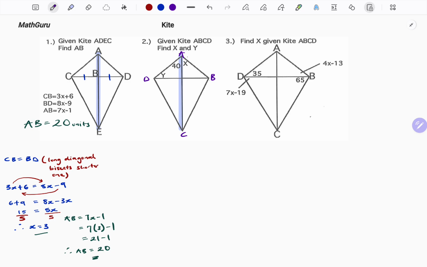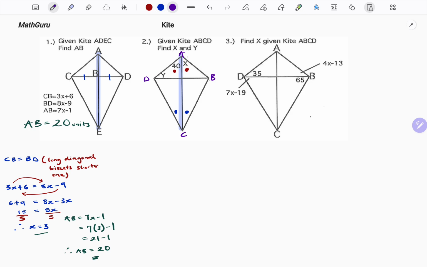What that means is the angle at A with the dot will be equal to the other angle x. Likewise, the angle at C will be equal to the other angle.